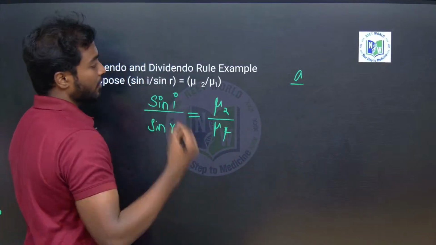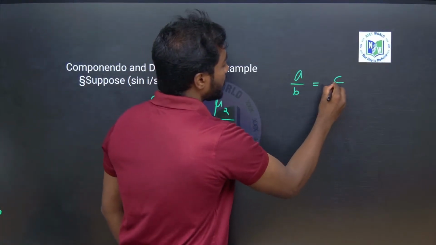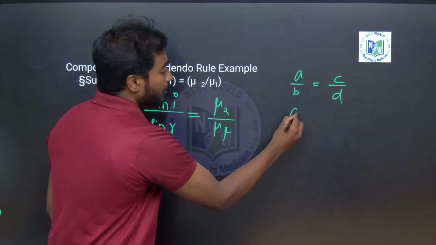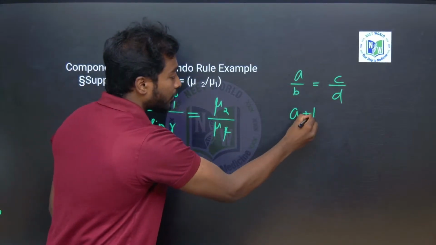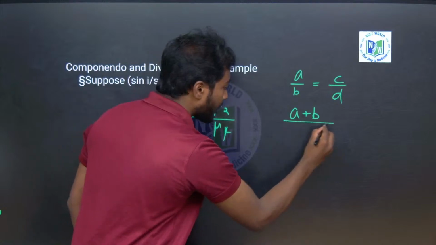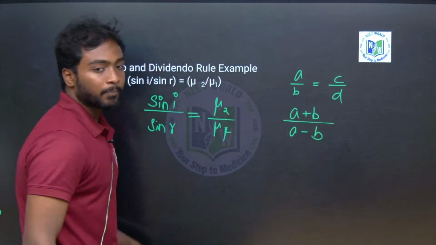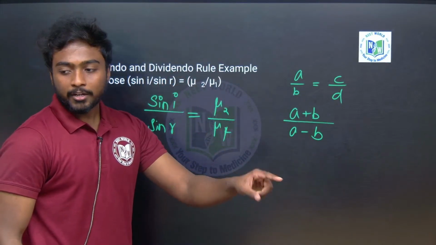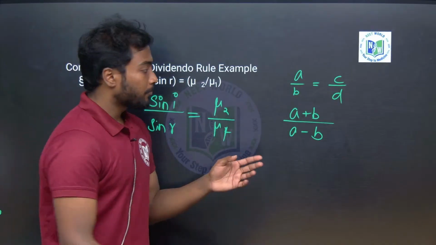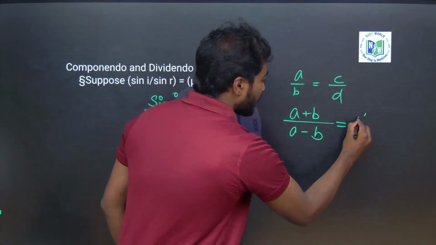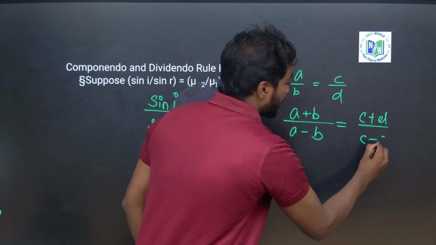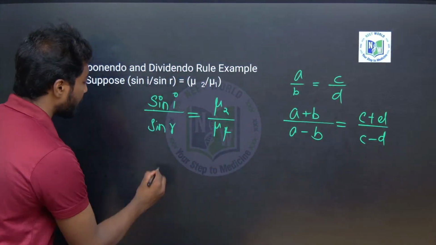It is mu 1. So, a by b is equal to c by d. Take this a as it is plus denominator divided by numerator minus denominator. Numerator plus denominator by numerator minus denominator is equal to c plus d by c minus d. Apply the condition here.